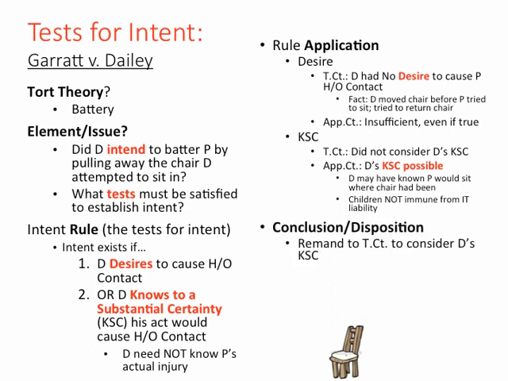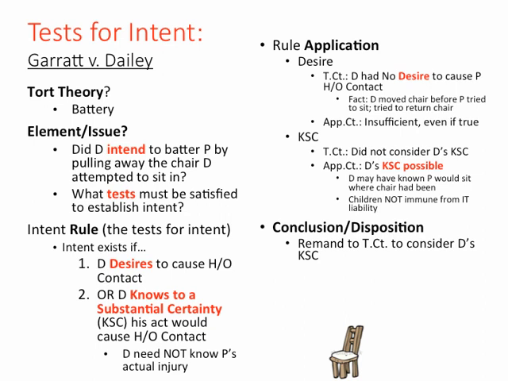So the court said that this case should go back down to the trial court where there should be a determination, that is a factual finding made by a jury or by the trial court, about whether or not Brian knew to a substantial certainty that when he removed the chair that the plaintiff might try to sit in that particular area and she might fall and be injured.